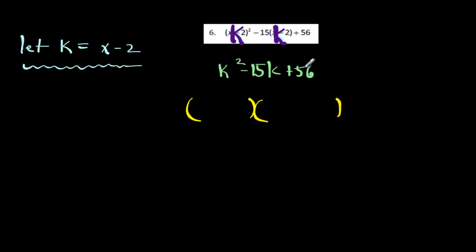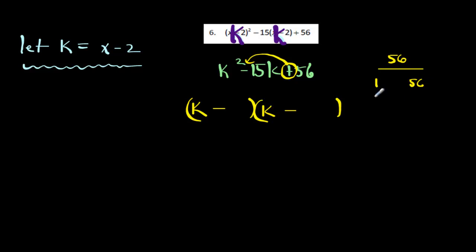It's written in the right order. There's no greatest common factor. The k squared comes from k times k. The signs tell me they're going to be the same sign. They're both going to be negative, so I'm going to put a negative and a negative. So I need to write down the list of factors for 56.